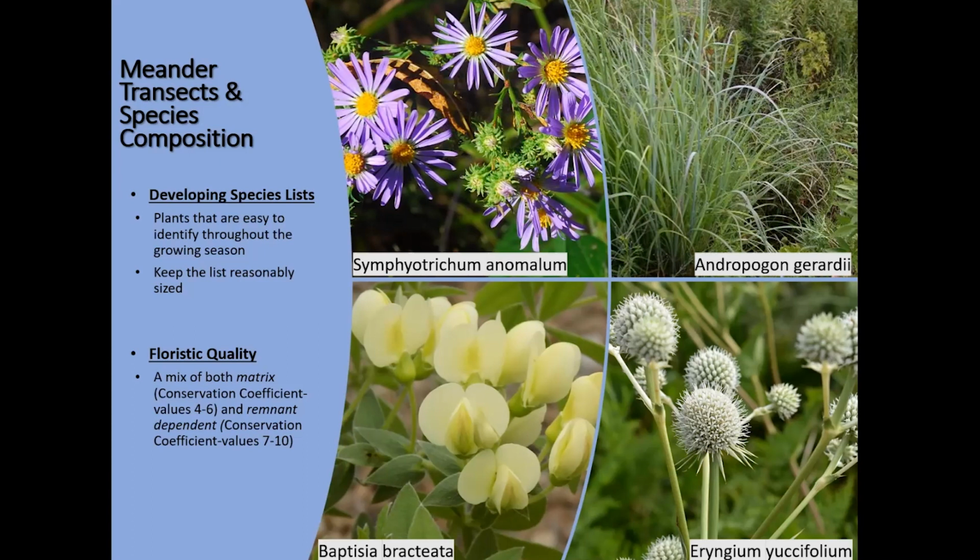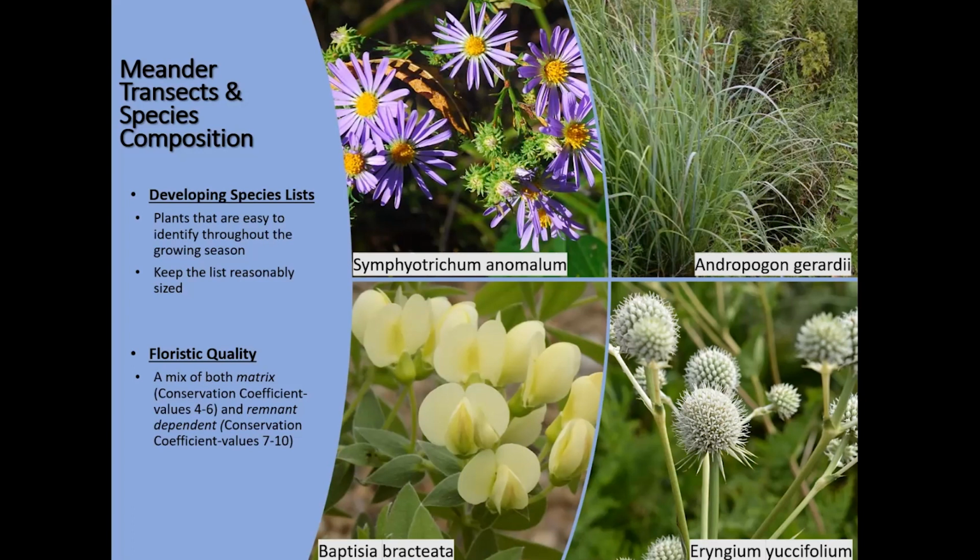So I am assuming people are familiar with the coefficients of conservatism. Another term for this is C-value, but if not, here's just a really short explanation. Values are assigned per state by expert botanists to plants, and these values range from 0 to 10, depending on their level of conservatism. 0 to 3 species would be the more weedy species. 4 to 6 are matrix species, so these can be thought of as the backbone of a site.